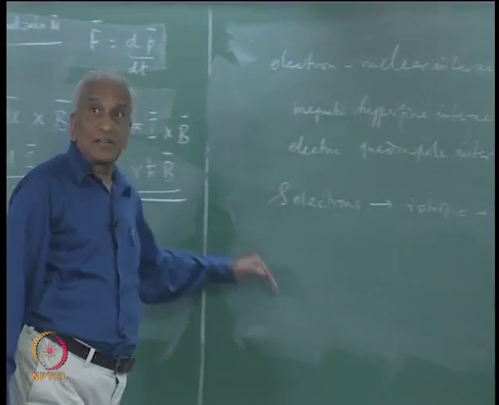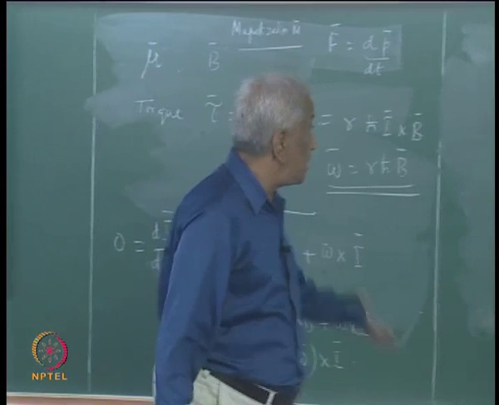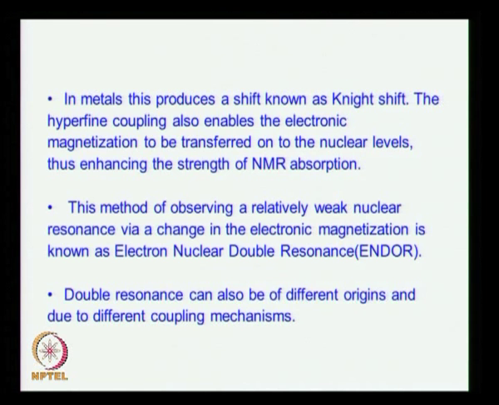Then you have p electrons and d electrons, which have an anisotropic hyperfine interaction. Both these can be investigated using electron resonance as well as nuclear resonance. In addition, in metals, we have conduction electrons.